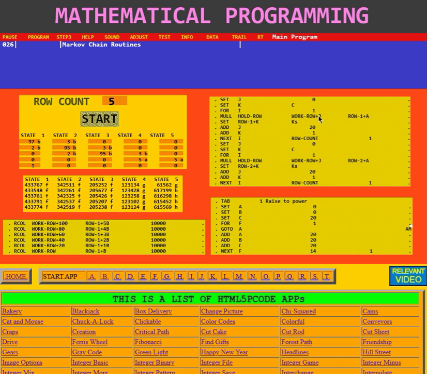But it multiplies it by row 1 at offset A. Row 1 is going to have row 1 for all of the powers. The first power is at row 1, but 20 offset from there is the second power, and 20 from that the next power, and 20 from that the next power.